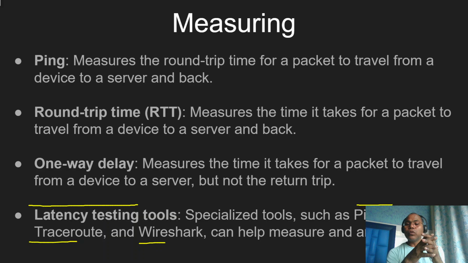And you can also apply some testing tool on a continuous basis. We have to analyze our latency, calculate the data, and measure from time to time whether our latency is going to increase or decrease.